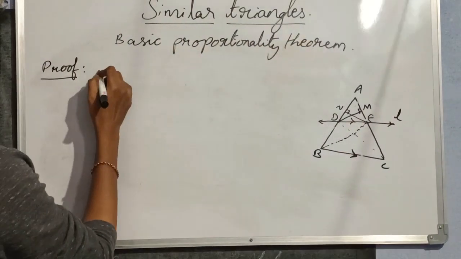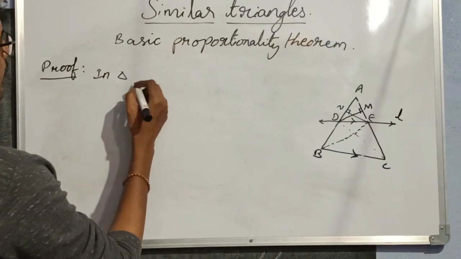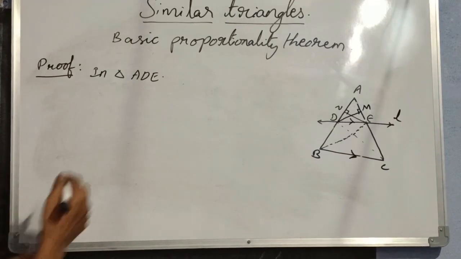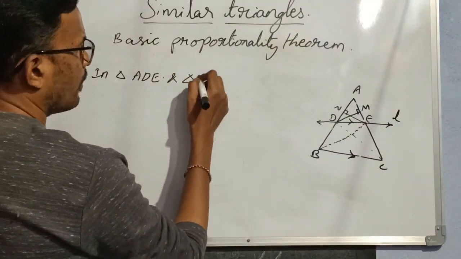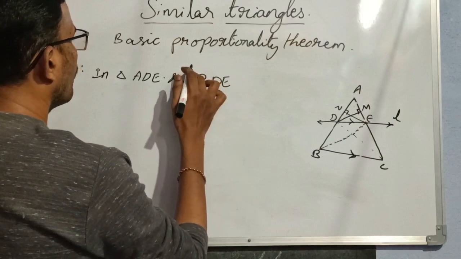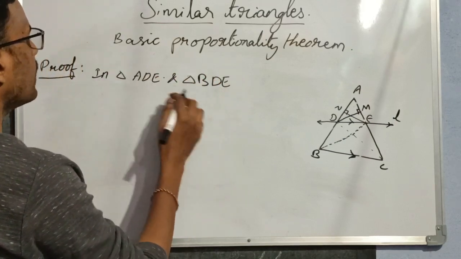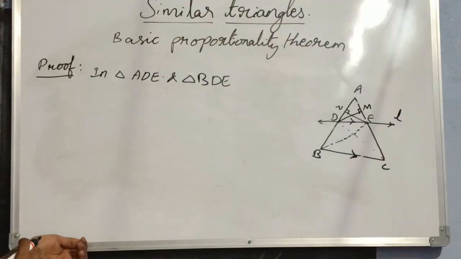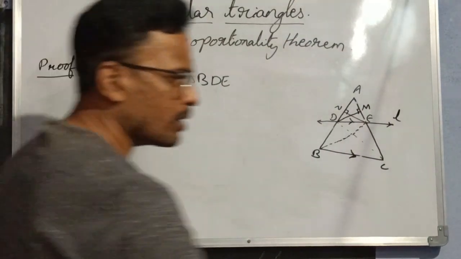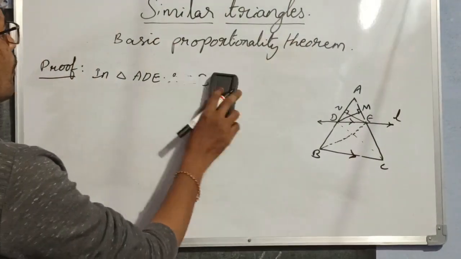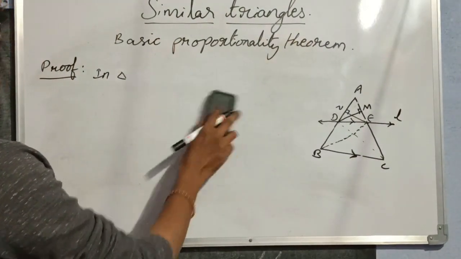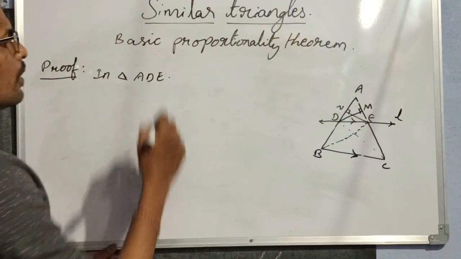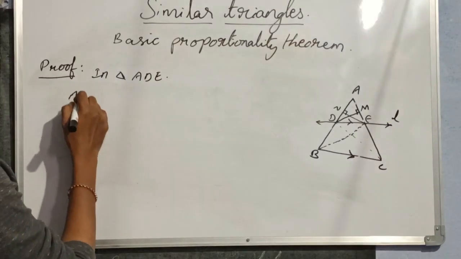So now in triangle ADE, first triangle is ADE and second one is triangle BDE. First let us take only triangle ADE. In triangle ADE, I want area of triangle ADE.